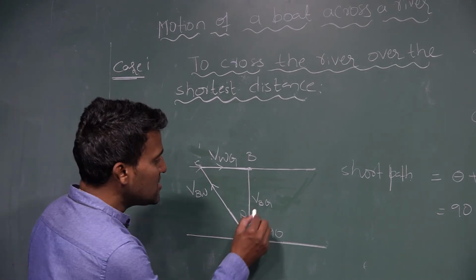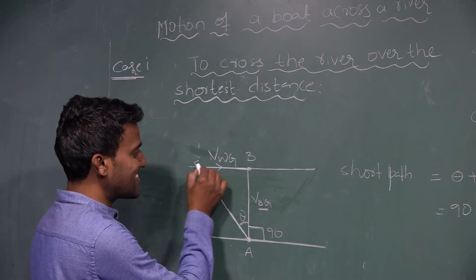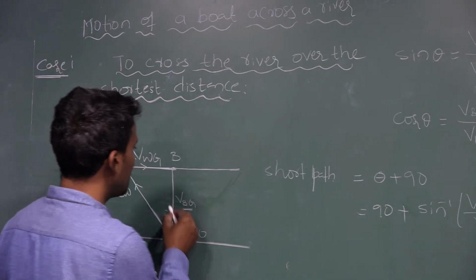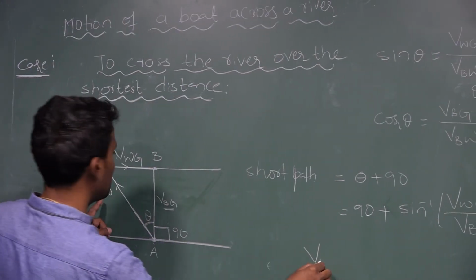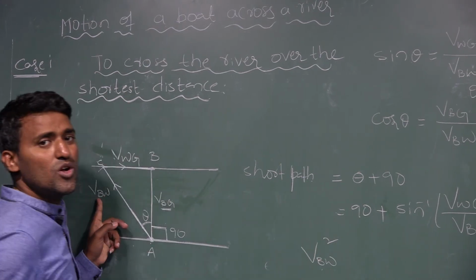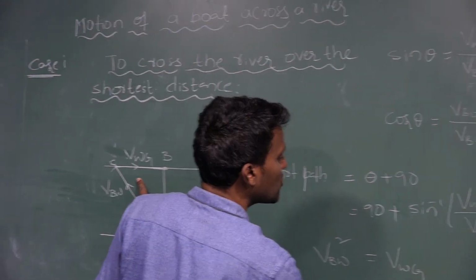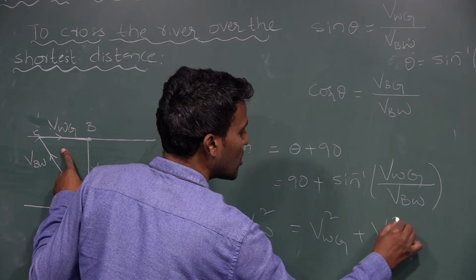Now what is this VBG? If you take this right angle triangle, from the Pythagoras theorem I am writing VBW whole square is equal to the velocity of the water with respect to ground whole square plus the velocity of the boat with respect to ground whole square.